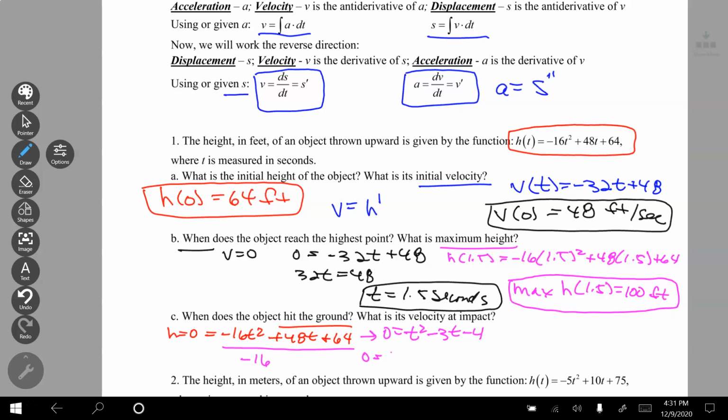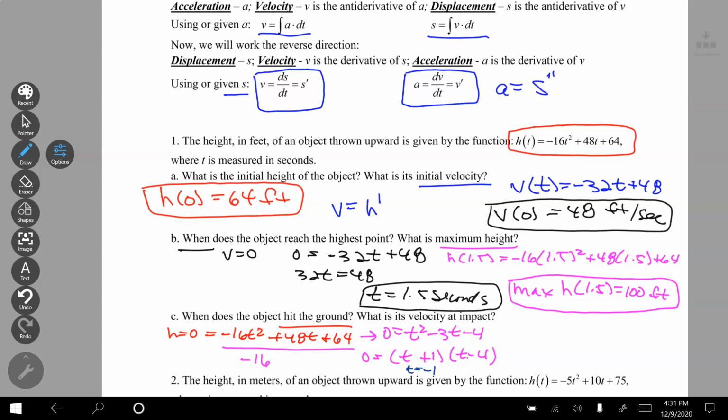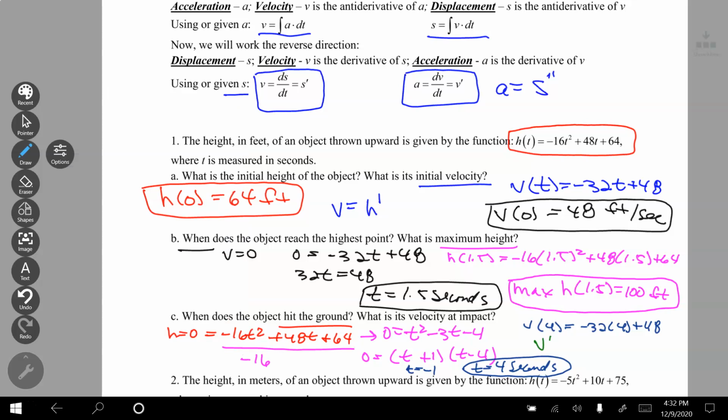I could factor it: t plus 1, t minus 4. And obviously t equals negative 1 is not possible, so I get t equals 4 seconds. And what's its velocity? Well, I just do the velocity at 4 seconds, which is going to be negative 32 times 4 plus 48, and the velocity at 4 seconds is negative 80 feet per second.